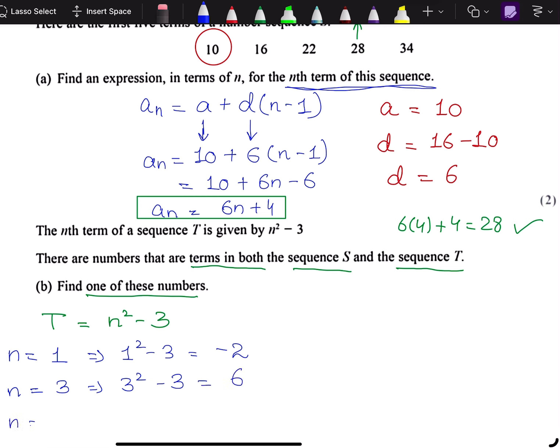Let's take a bigger value, n equals 5. 5 squared is 25, and 25 minus 3 gives me 22.